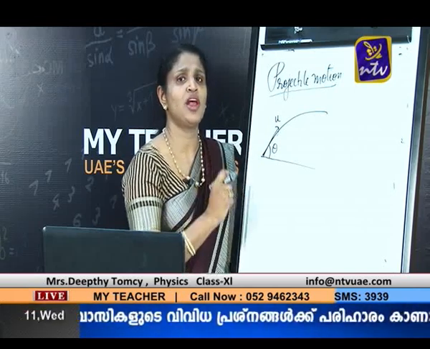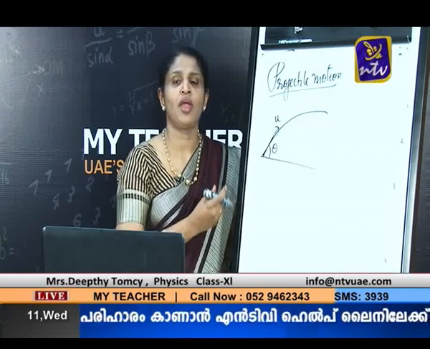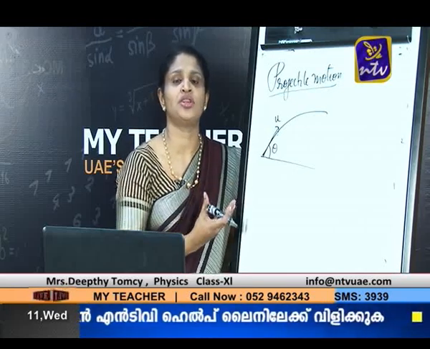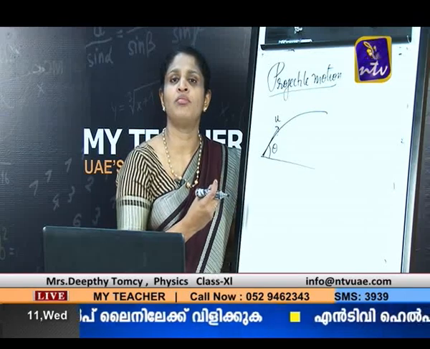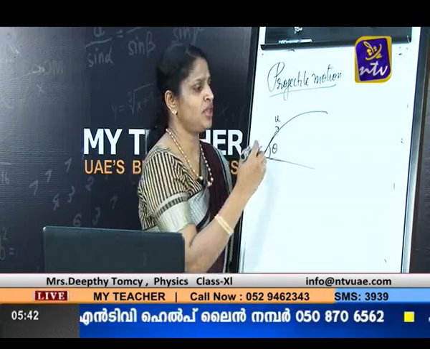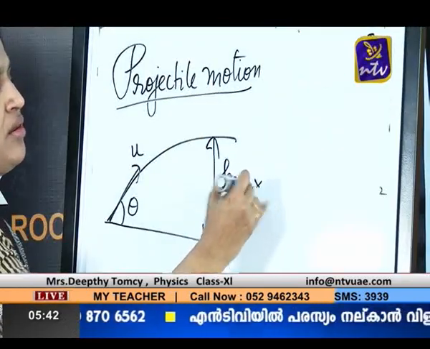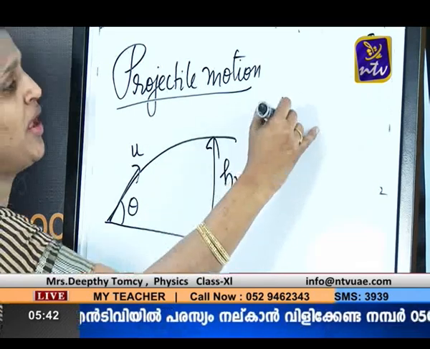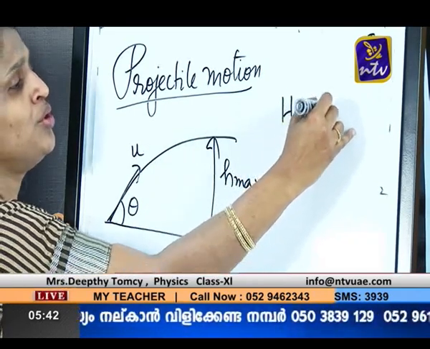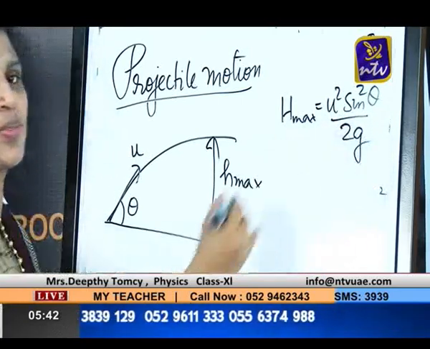So a projectile motion consists of two independent motions, an accelerated vertical motion and a uniform motion along the horizontal direction. The maximum height covered by a projectile is given by h max is equal to u squared sine squared theta divided by 2g.